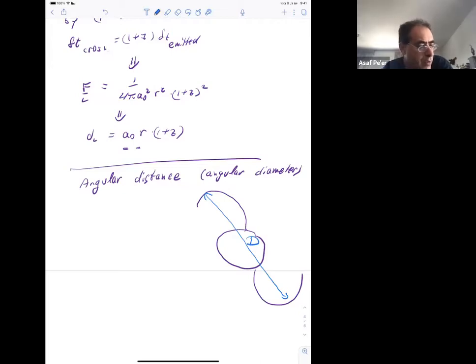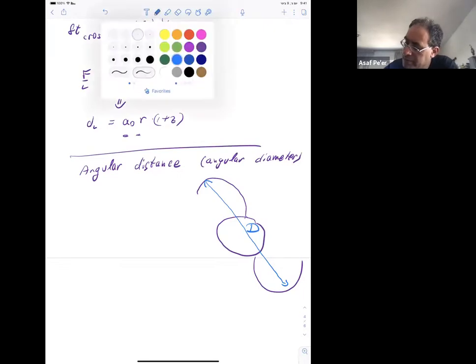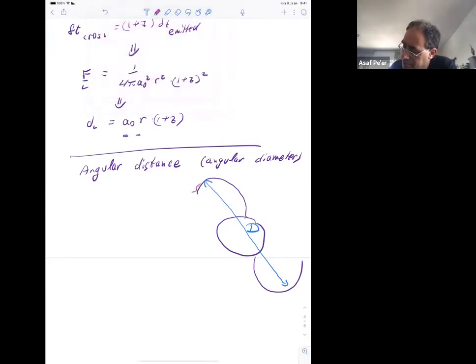And it emits photons from both edges, and both of them are observed by me. I'm sitting here and I'm seeing these photons. Maybe I'm sitting here. I'm just a lousy drawer.